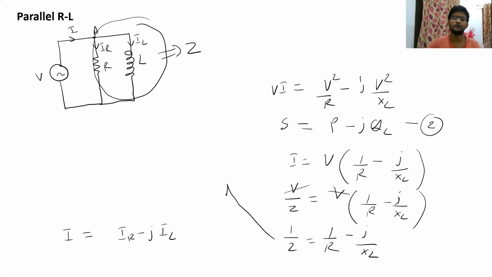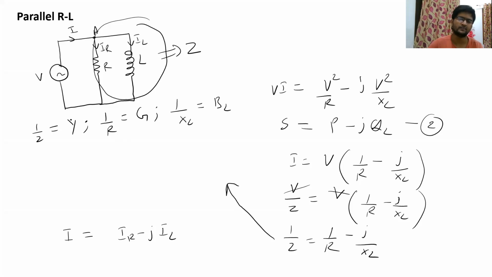So from here, let us say 1 by Z as Y, 1 by R as G, and 1 by XL as BL. So this is nothing but admittance. This Y is called admittance.